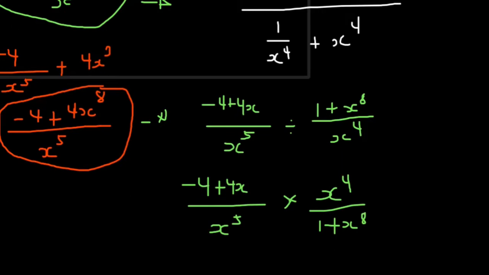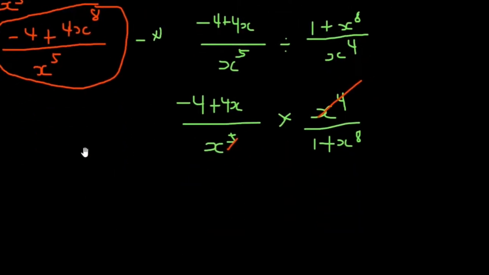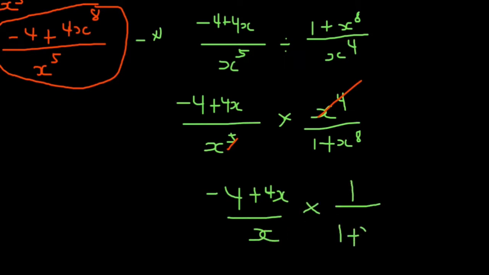With this I can take out all this, then cancel out this 5 here. So let's write down what you have left. Now you have minus 4 plus 4x all over x times 1 over 1 plus x to the power 8.